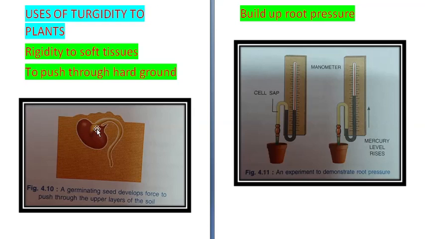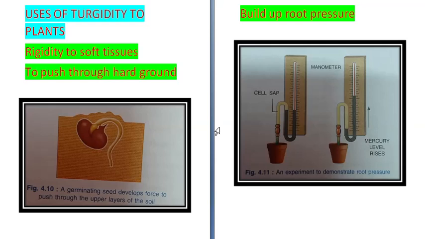This is due to turgor pressure. See here, a germinating seed germinates due to turgor pressure. It breaks through the seed coat and the radicle and plumule come out. So this is another use of turgidity.